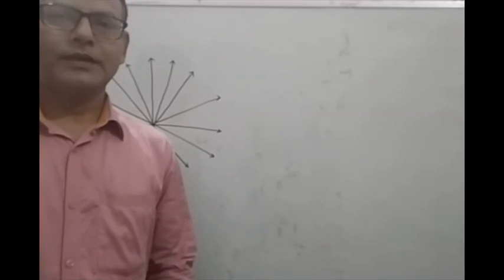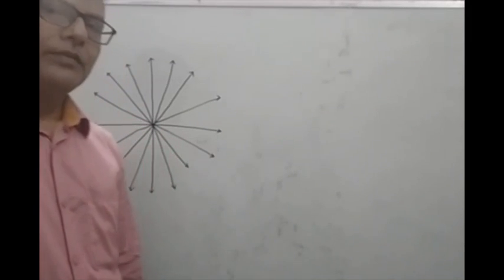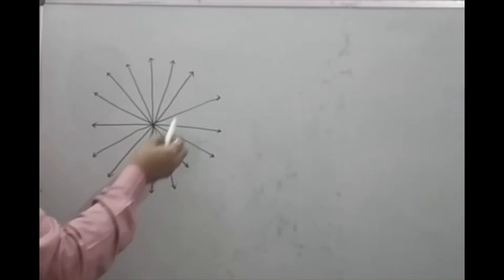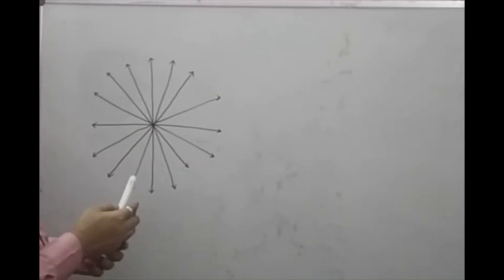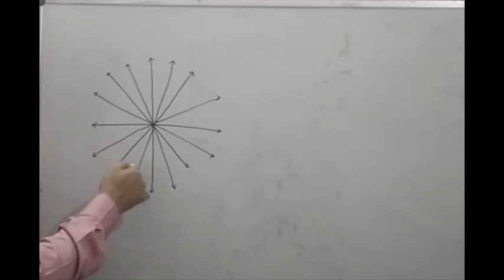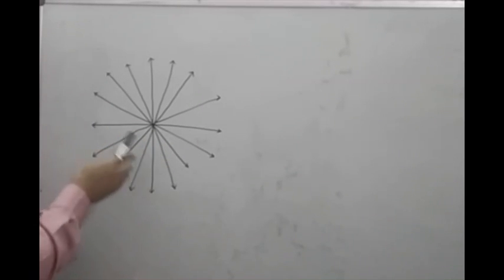To better understand, look at this diagram. This is the pattern of electric field lines due to a positive charge.